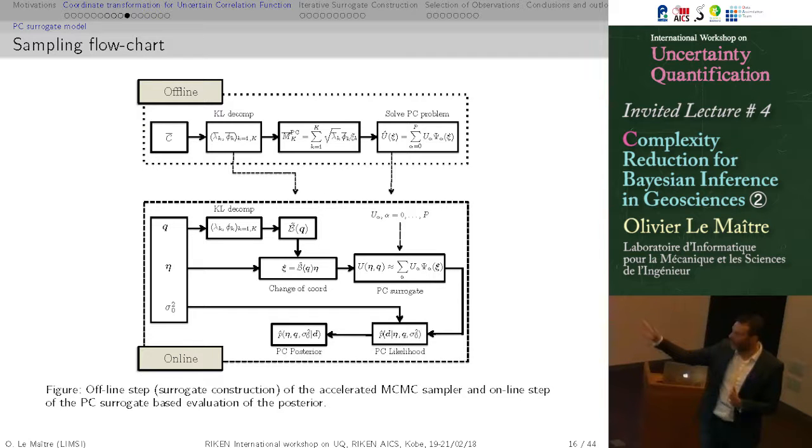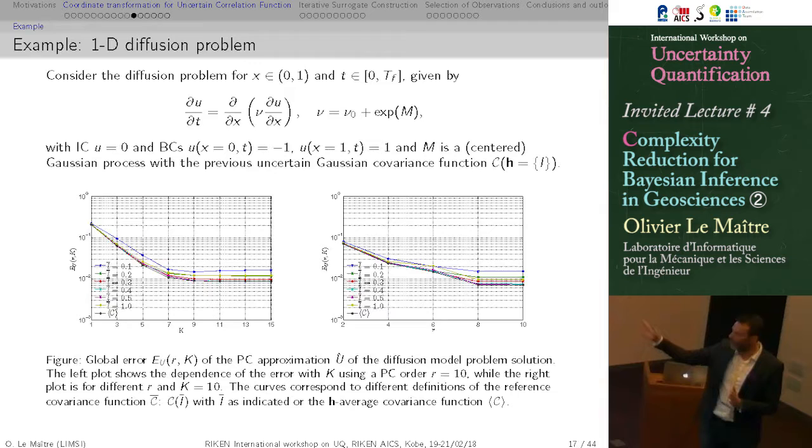This means that you prescribe a certain change of coordinate to re-express things in terms of the reference one. So this gives you a reference coordinate for the PC expansion. So you evaluate the PC expansion and you get the corresponding estimate of the model prediction. Using the noise level, you can compare this to the observation, so estimating the likelihood, and then multiplying by the prior, you get the posterior. Okay. So you see that the cost is highly reduced by reusing the surrogate model and reusing the decomposition to have the change of variable at this stage.